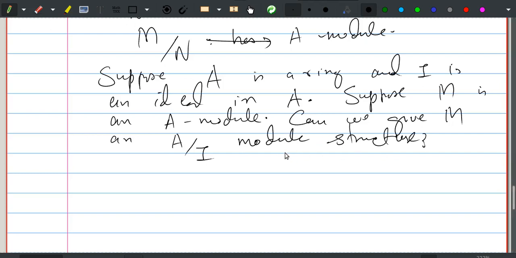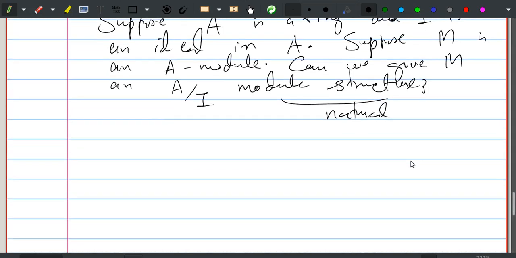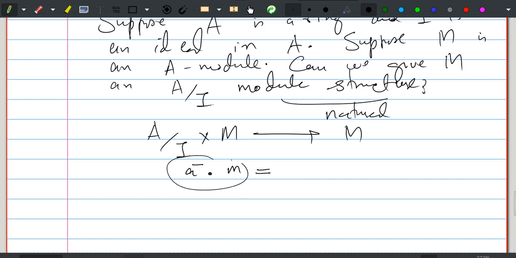Can this structure be natural? Otherwise we can define the scalar multiplication by the elements of A mod I with the elements of M as follows: if we take an element a bar here and multiply with m here, and we define this product to be the 0 of this M, then this is obviously a well defined operation, but this is not natural.